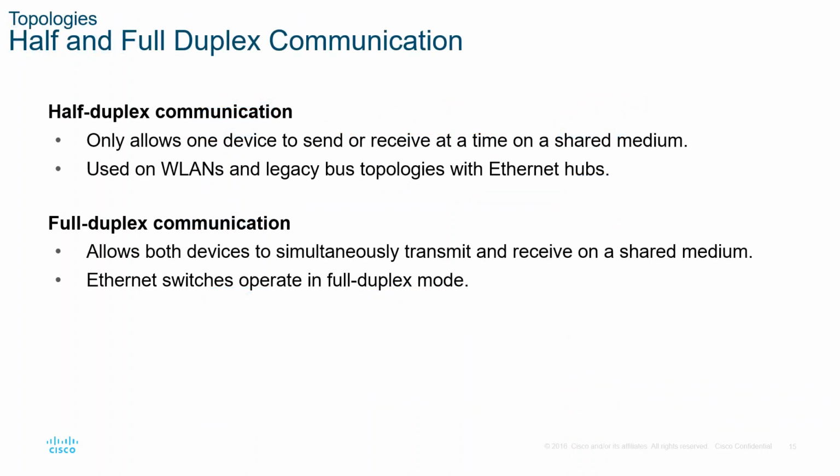For half duplex communication, it only allows one device to send or receive at a time on a shared medium. So it is usually used in wireless LAN and legacy bus topology with Ethernet hubs.